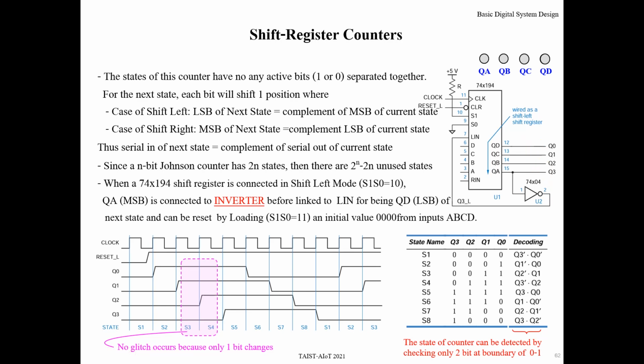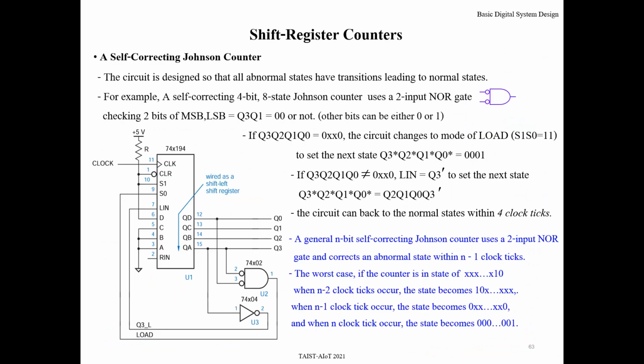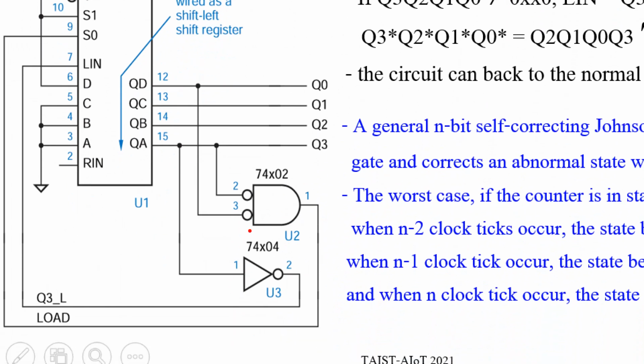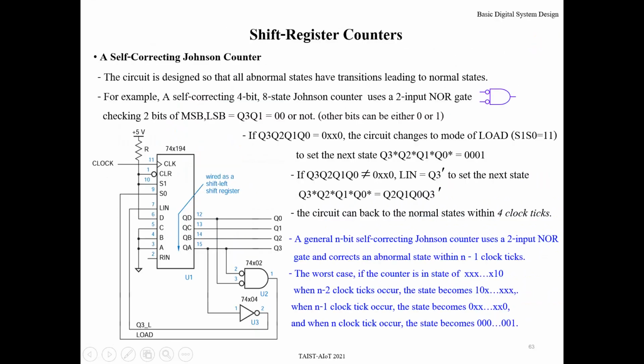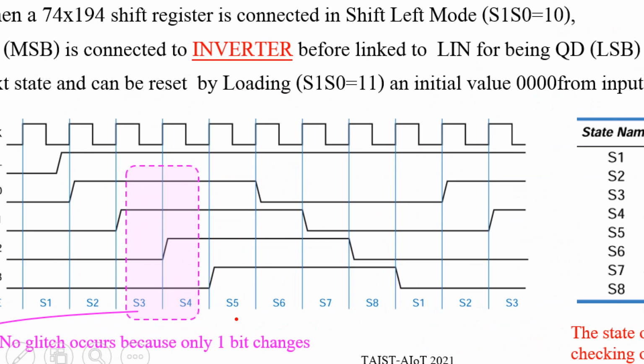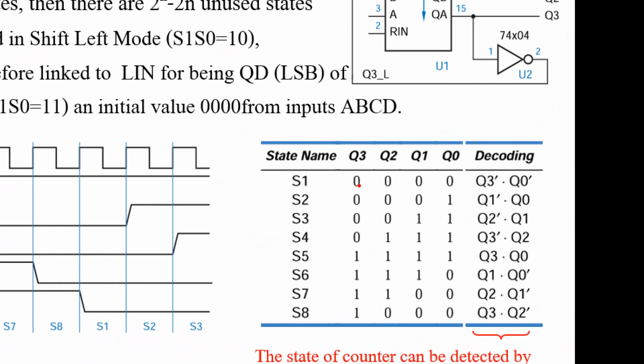So if you want self-correcting, you may use something like this. For this example, I show you how to check whether Q3 is 0 and Q0 is 0. It's similar to state S1. If yes, the next state should be 0 0 0 1.